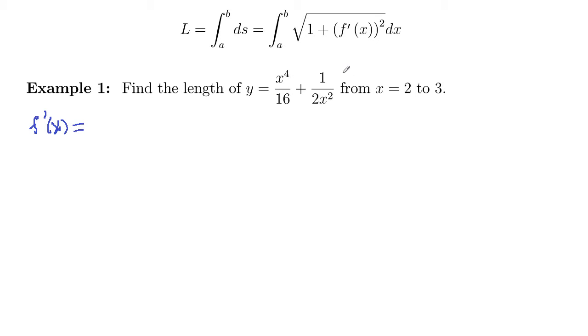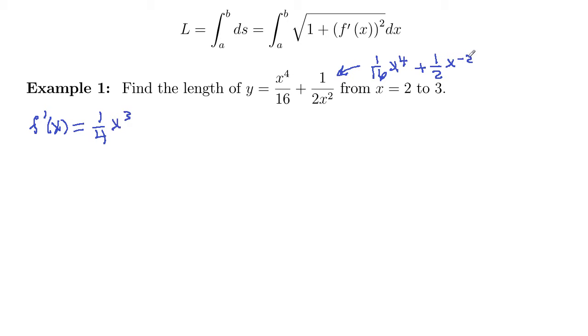And let's write this as 1/16 x to the 4th plus 1/2, and then x squared in the denominator is x to the negative 2 in the numerator. So then our f prime, 4 times 1/16, 4/16 is 1/4 down in front. X, decrease our exponent, cubed.